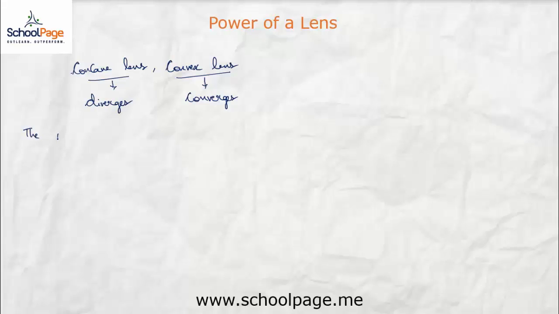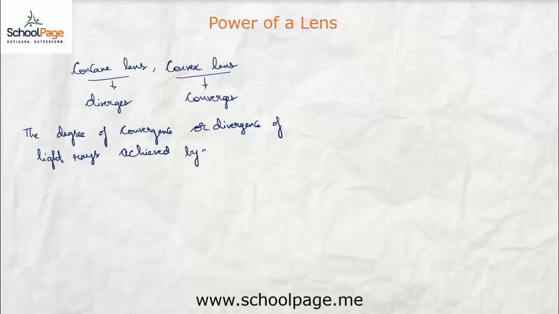So the degree of convergence or divergence of light rays achieved by a lens is expressed in terms of its power.